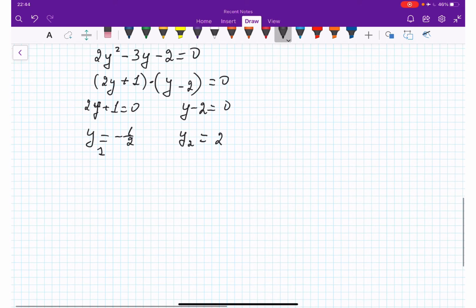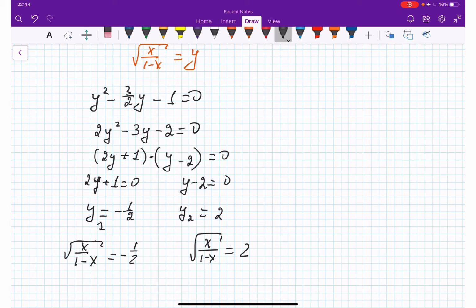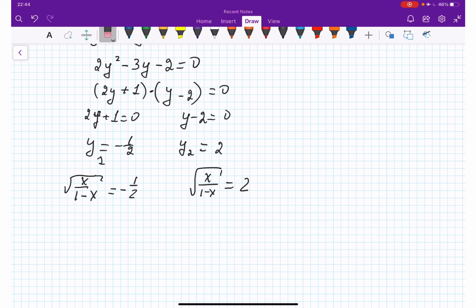So bringing back substitution, which means square root of x over 1 minus x is equal negative 1/2, and then square root of x over 1 minus x is equal 2. So just to remind you, to solve equations with square root or radical, we have to get rid of the radical, which is raised to the degree the radical has.